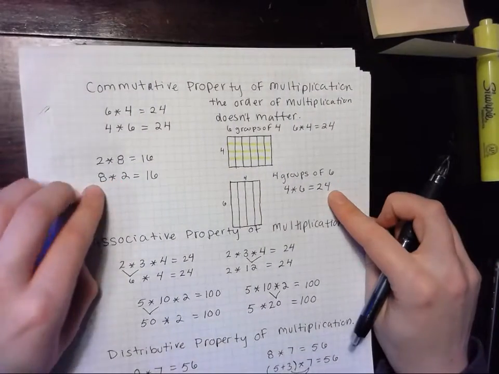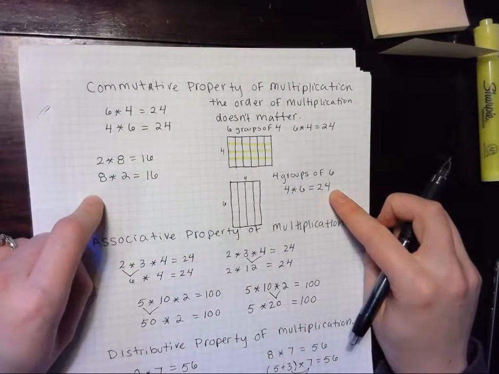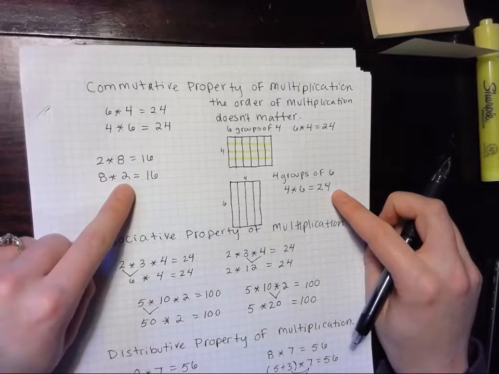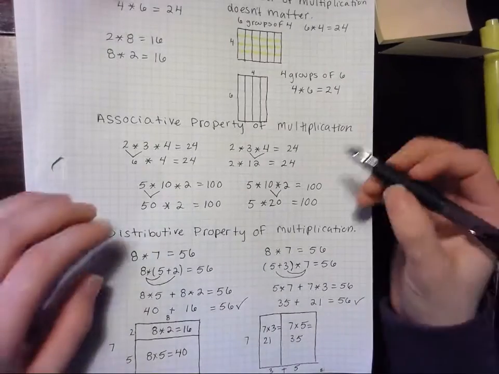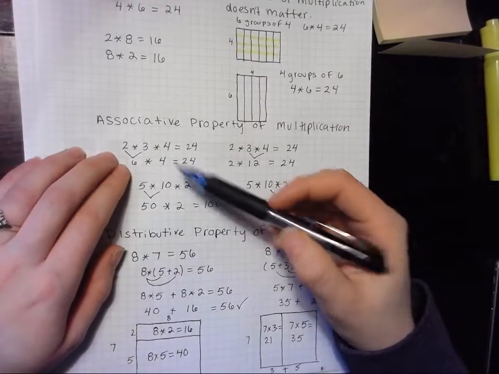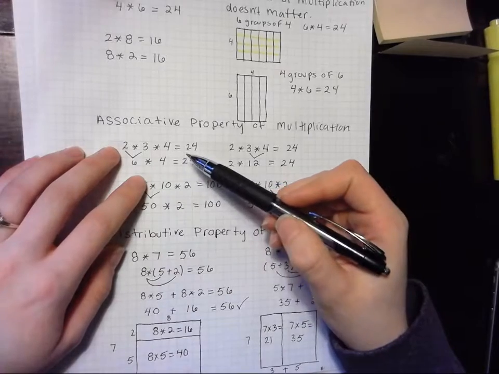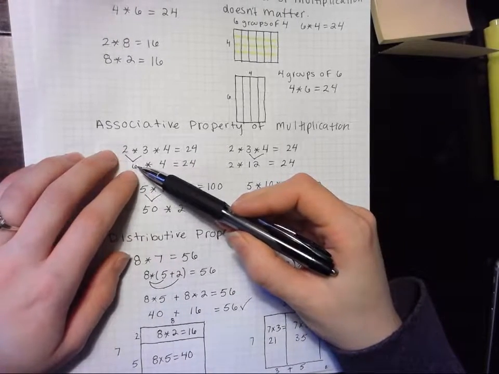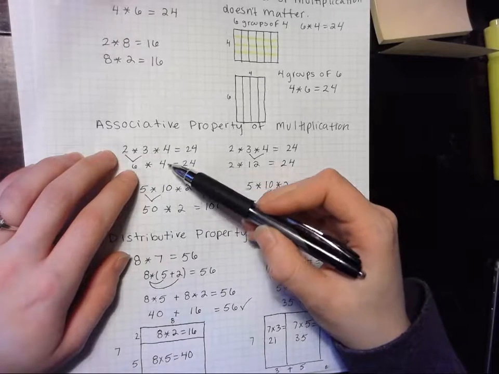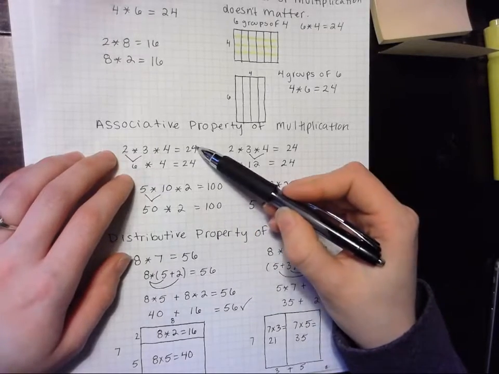So to recap, the commutative property says it doesn't matter what order you multiply things, 8 times 2, 2 times 8, either way you still get 16. The associative property of multiplication says that if you have a string of numbers that you're multiplying and you take the product of the first two and multiply that product by the third number, you still get the same answer.